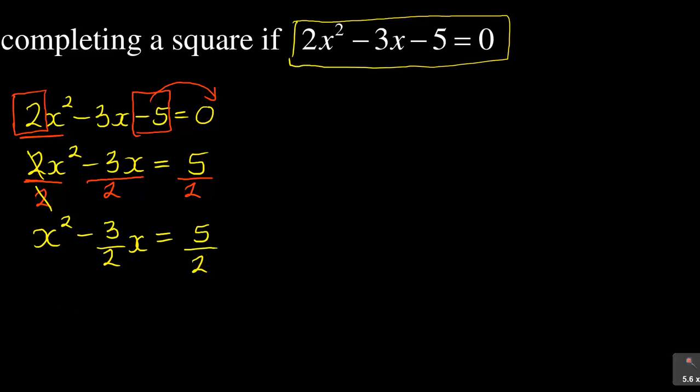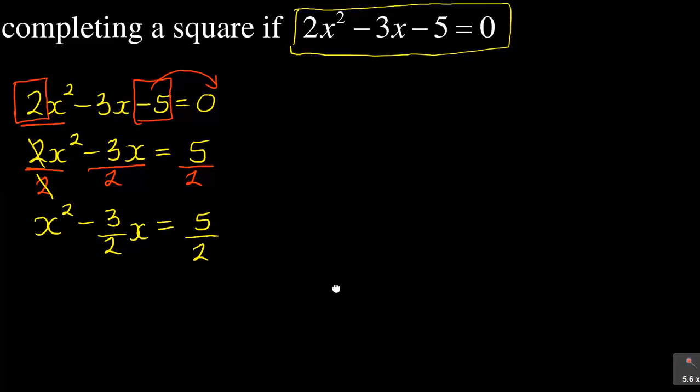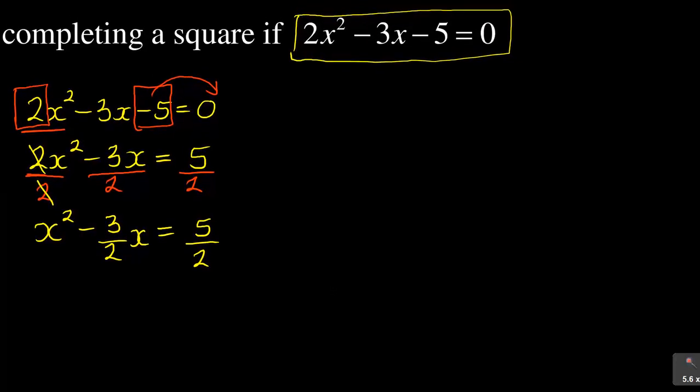So in other words, we have managed to arrange it in a way that makes it possible to now apply the rules for completing a square. So how do you complete a square in this case? What you do, you are going to say x squared, and then you write your negative 3 over 2x, and then you say plus, best thing is to put a bracket here, and then you are going to say half the coefficient of x.